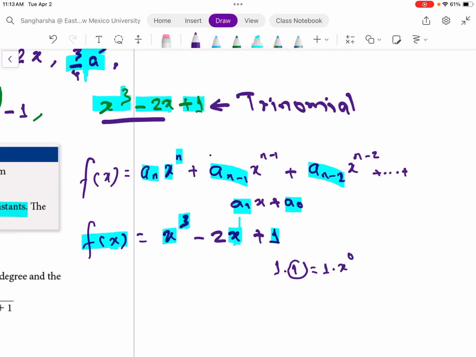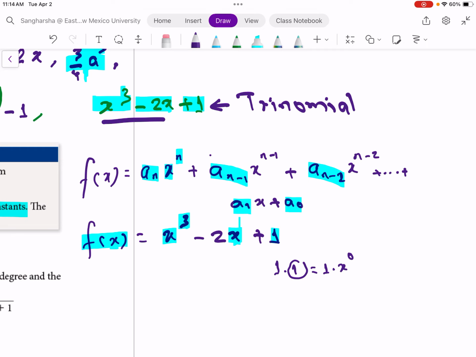Any number to the power 0 is always equal to 1, except 0 to the power 0, which is undefined. So if you have any number, like a fraction, decimal, or a variable, with exponent 0, it always equals 1. So this constant 1 always has an exponent of 0.